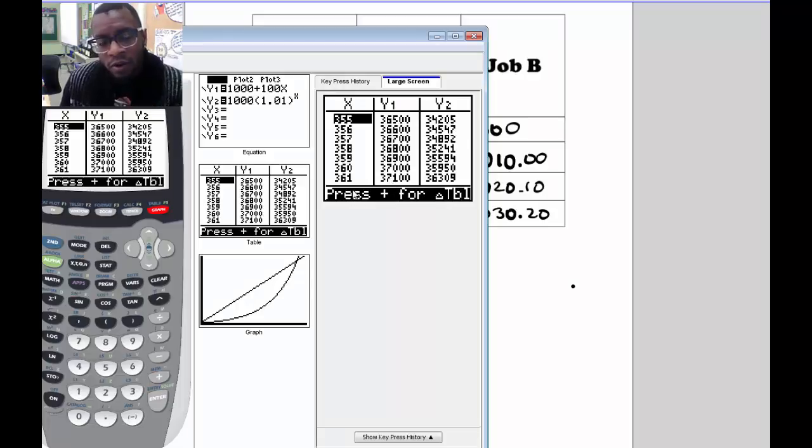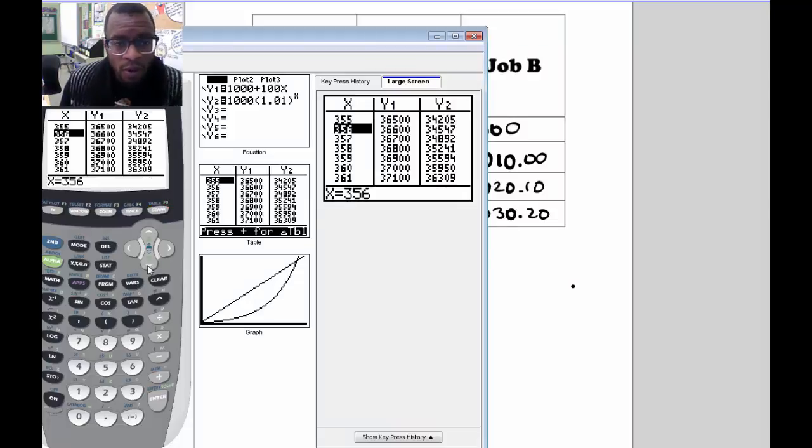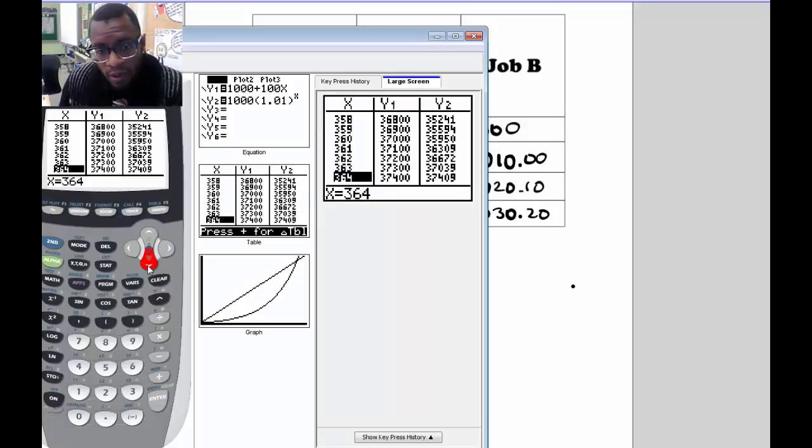So we know that our two graphs intersect at 364 months. So let's scroll down to 364. And we see that at 364 months, this is when job B offers a higher salary than job A. So at approximately 364 months, job B will have a higher salary.